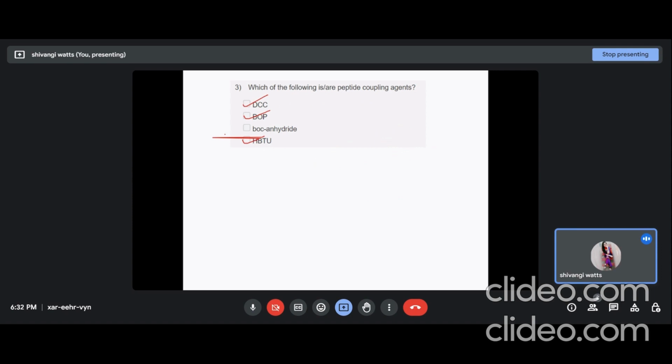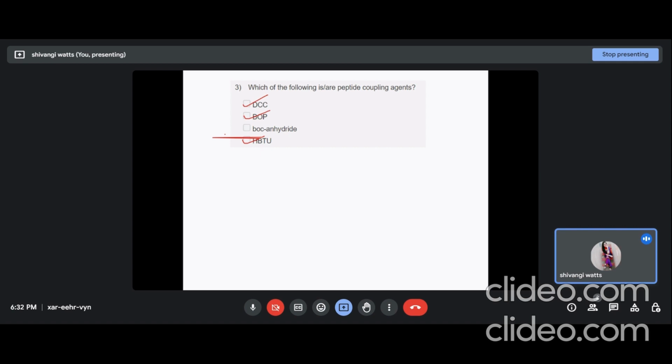The third question is, which of the following are the peptide coupling agents? The options are DCC, BOP, BOC anhydride, and HBTU. BOC anhydride is not a peptide coupling agent, but it is used to protect functional groups like NH2 and OH.